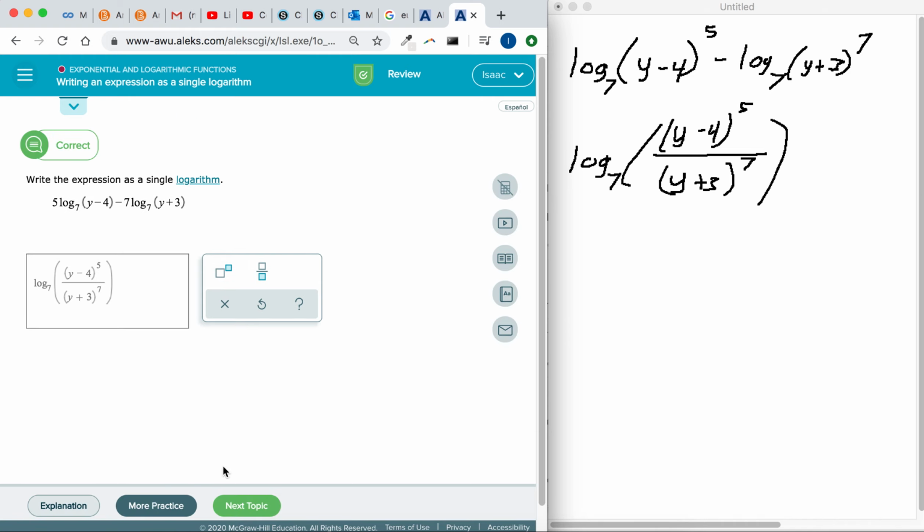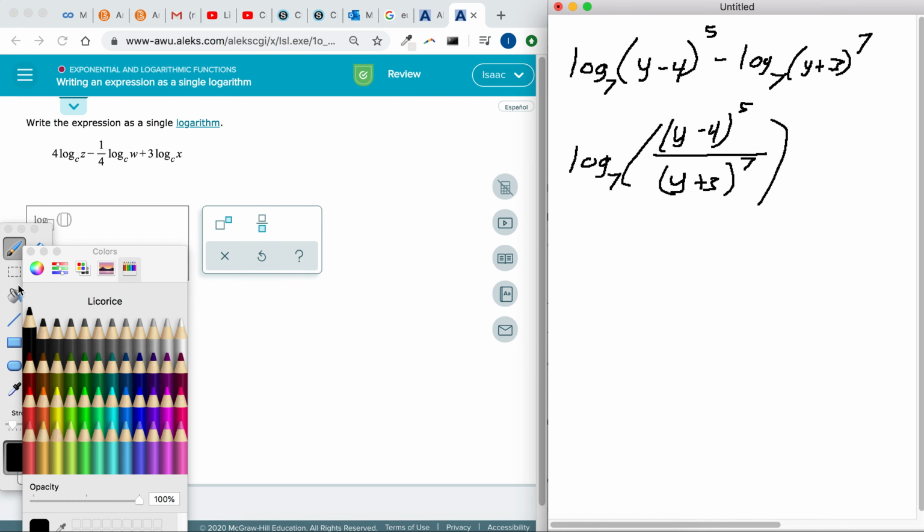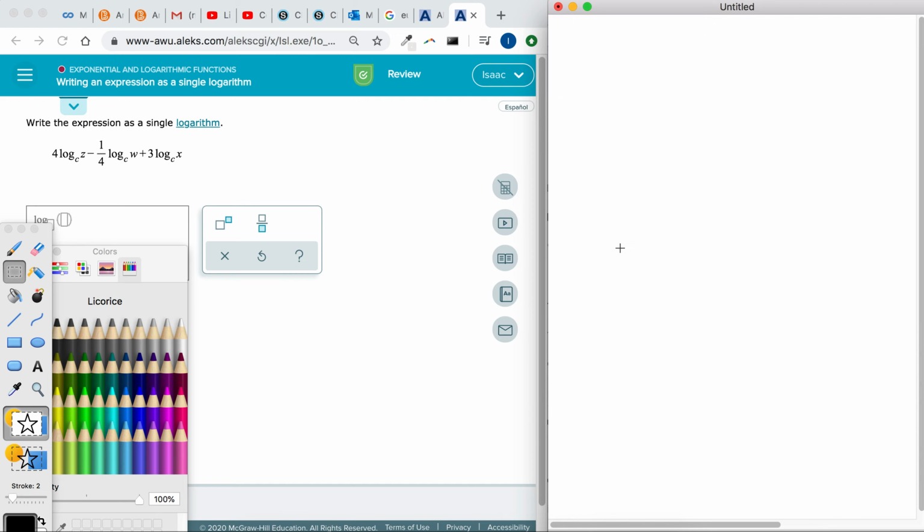Let's try another one. Same thing with this 4, and that 1/4. We're going to have to rewrite both of those, okay? So when I copy this over, I'm not going to write 4 log base c of z. I'm going to write log base c of z to the 4th power. The 4 is going to come and be a power here.